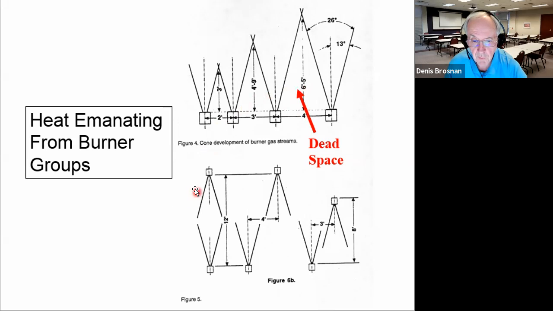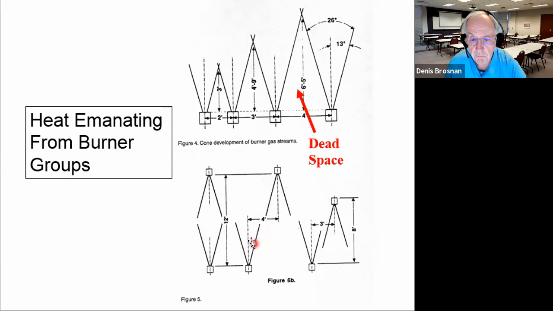The lower diagram shows burners being directly opposed to each other, which they can be, or burners which are offset. Okay, if they're directly opposed from each other, we're going to create turbulence where the cones of heat meet. And that turbulence, because it's heat, is going to tend to go upward toward the crown or roof of the kiln.